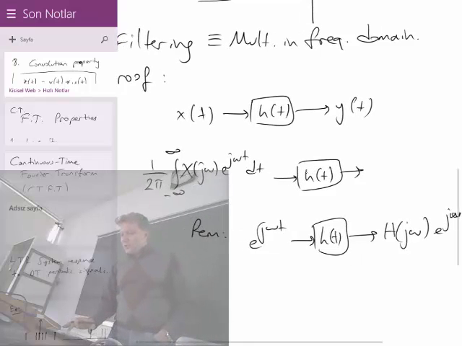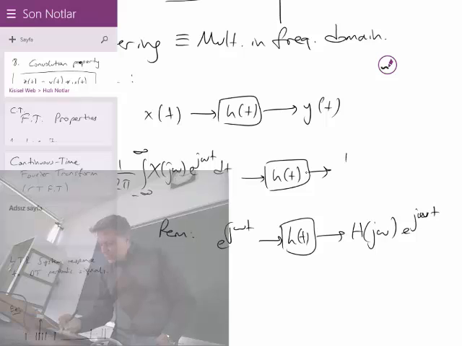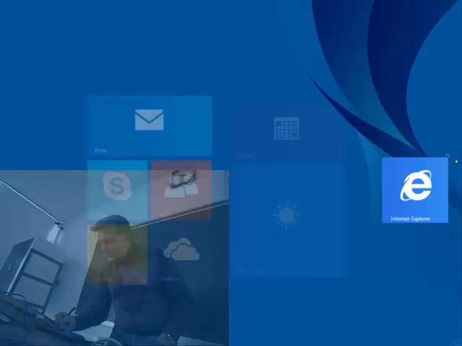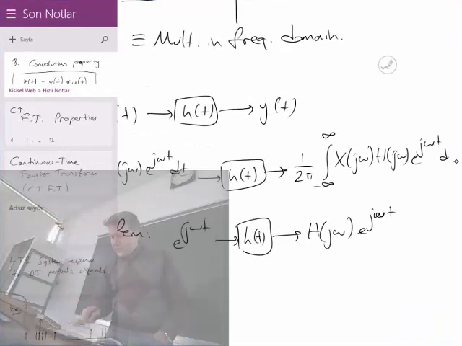And the output will be like this: 1 over 2 pi integral from minus infinity to infinity x of j omega h of j omega e to the j omega t dt.